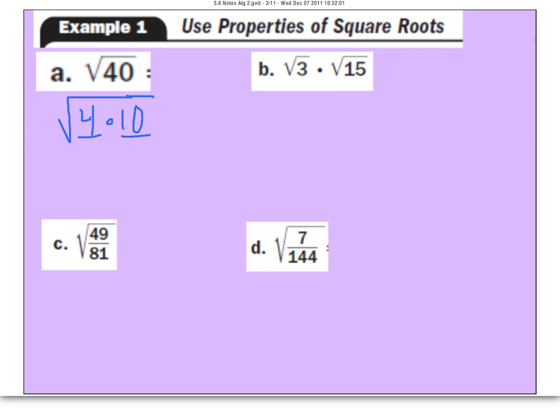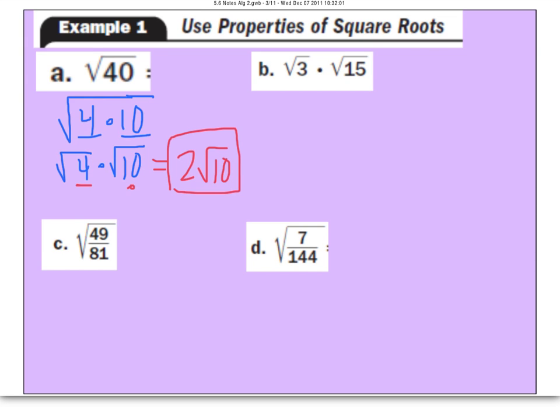So I can use the property and pull them apart. Square root of 4, square root of 10. Now, the square root of 4 is the number 2, so I change that to a 2. The square root of 10, I don't know. There isn't a nice one, so I just keep it as the square root of 10. This is called a simplified radical, where you pull out all the nice perfect squares that you can.